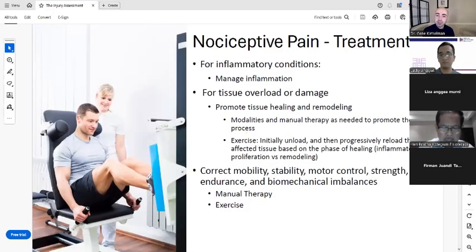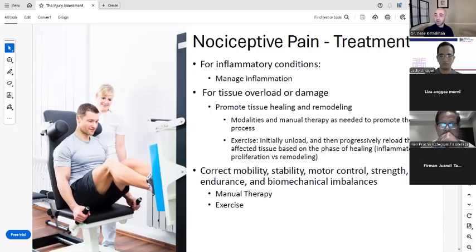So how do we treat these nociceptive pain conditions? So the good thing is these are your classical textbook types of pain conditions. This is what we normally learn about in school and continuing education courses. So if the pain has an inflammatory condition, you're going to treat the inflammation, right?